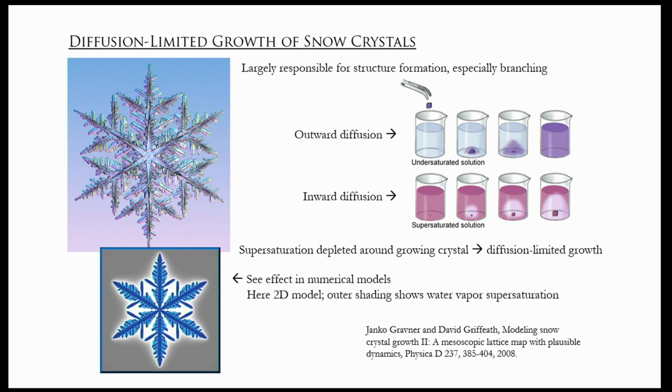So you've got a supersaturated medium, the air, with supersaturated water vapor. And then the ice crystal, once it nucleates, will just remove water vapor from the air around it and create kind of a hole, which is the origin of the diffusion limited growth. The diffusion of the water vapor to the crystal is what limits the growth.